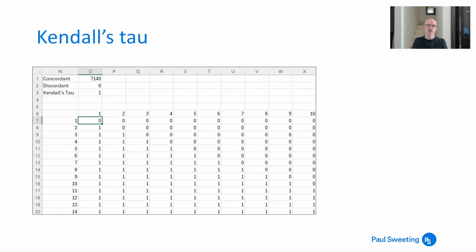If the return in period 1 is lower than the return in period 2 for both assets A and B, then again they're said to be concordant. But if the return in period 1 is higher than the return in period 2 for asset class A, but lower for asset class B, then they're said to be discordant, and vice versa.